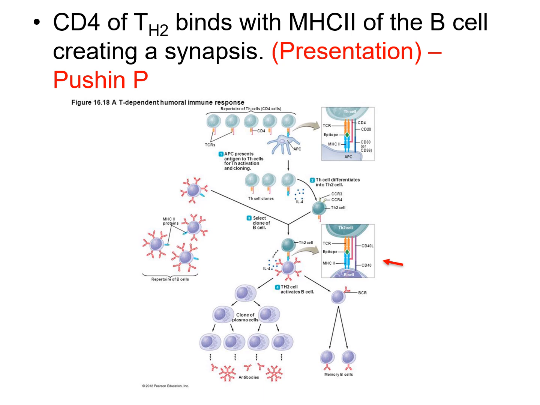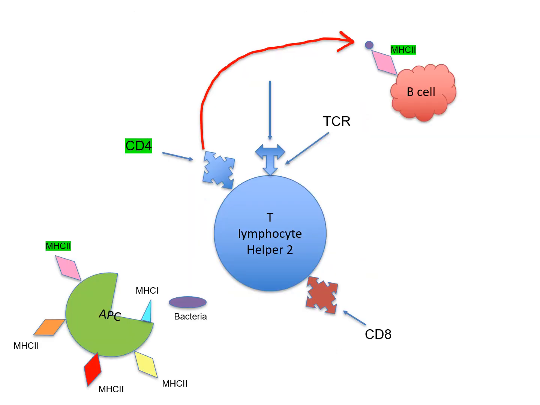I have a red arrow showing you this synapse. Notice there's another cluster of differentiation molecule there. So the particle, epitope, was given to the B cell. A synapse occurred there. And remember, it was another CD there that created a better hybridization.